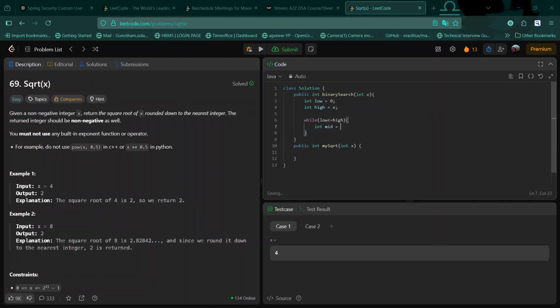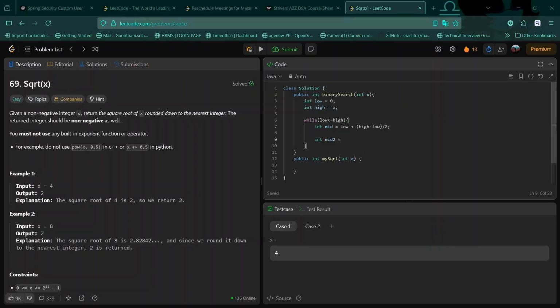As we can have a number a lot greater, close to integer max value, that can cause an issue with calculating the value of mid. So we will use low plus high minus low by 2, and now we need to find the square of this number.